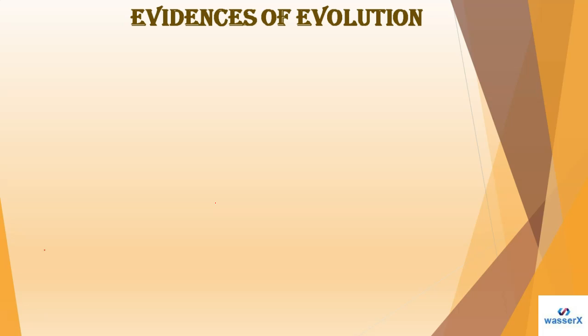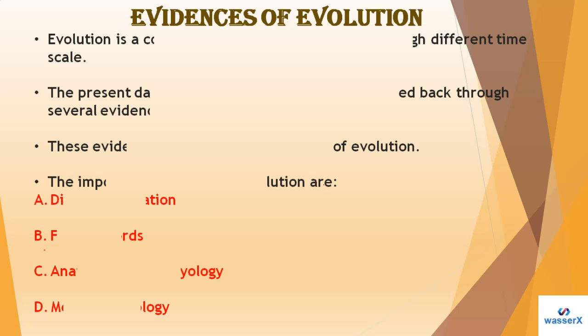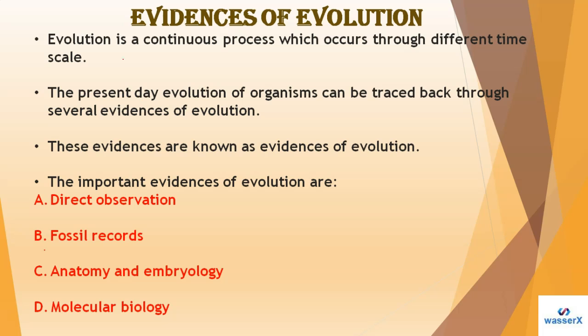So, evidences of evolution. Now we are going to study some of the evidences of evolution. Evolution is a continuous process, which occurs through different times and scales. The present day evolution of organisms can be tracked back through several evidences, so these are known as evidences of evolution.